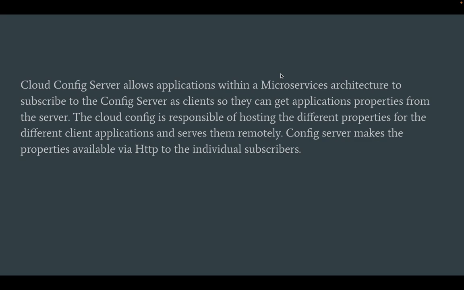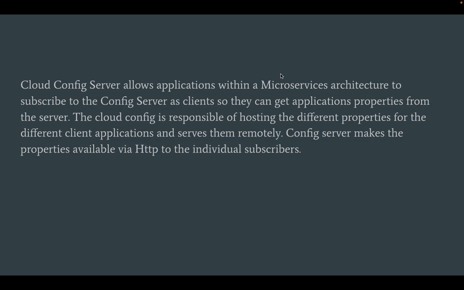So the cloud config is responsible for hosting the different properties for the different client applications and serves them remotely. The config server makes the properties available via HTTP to the individual subscribers. So if you have two microservices, both of these microservices will subscribe to the config server, and the config server is responsible to offer or issue the application properties to both these services respectively and independently, in isolation.